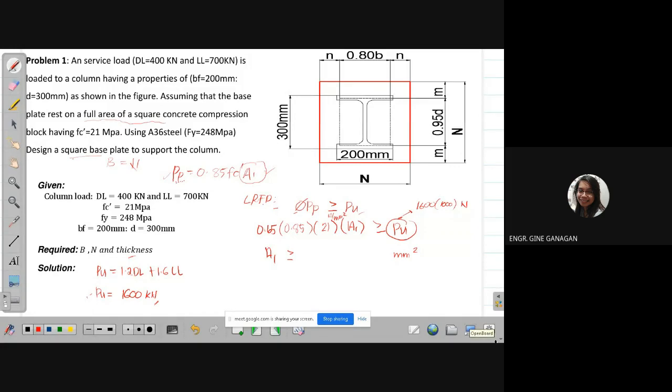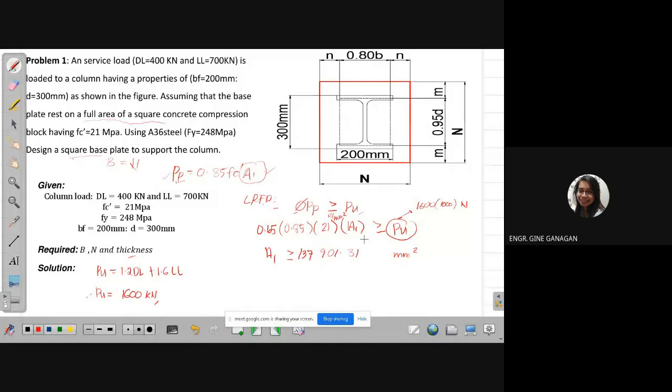That is 0.65 times 0.85 times 21, so ilan ito? That is equal to 137,901.31.